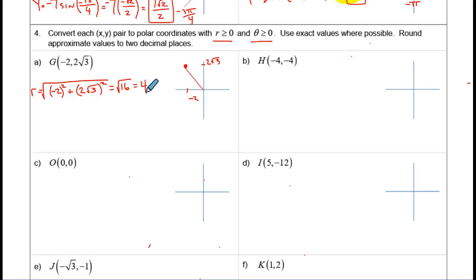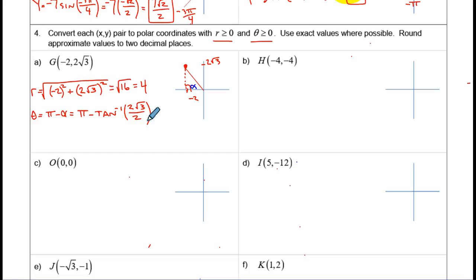Now for theta, I have to be careful when I look at theta. So I've already done some right triangle work here by employing the Pythagorean theorem, but this one I need to be careful. I'm really going to look at this angle alpha, and I'm going to say that theta equals pi minus alpha, and alpha is going to be the inverse tangent of 2 root 3 over 2.